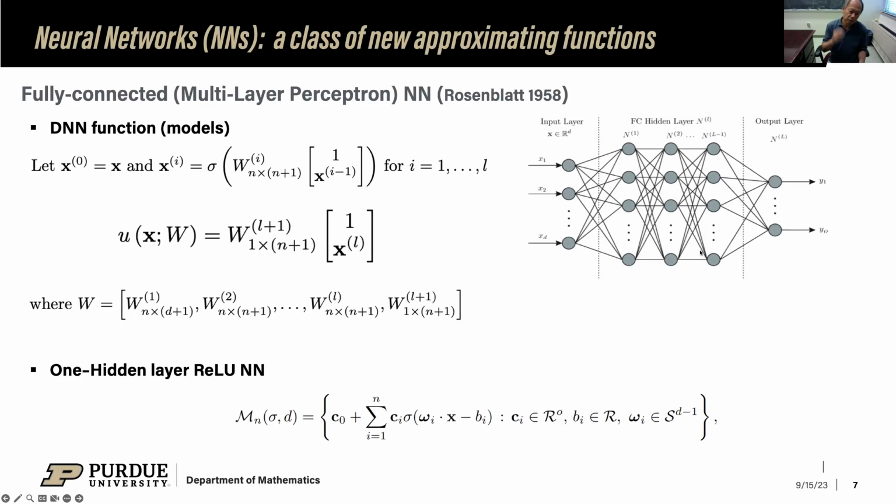Okay, so let's look at the one hidden layer ReLU neural network. It has a simple representation like that. And if we fix the weights and the biases, then all the functions in this set are linear combinations of 1 and these neurons. So that's the reason I can explain that this is generated by this kind of basis function.